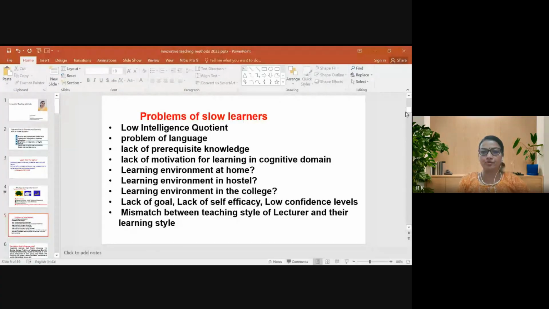And we have something called the problems of the slow learners. That is also there. I will come back to this, because there are students with low intelligence quotient. Often I hear teachers asking me, ma'am, how do I take care of the students?